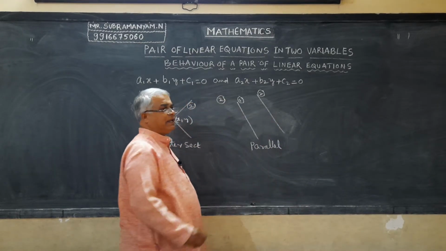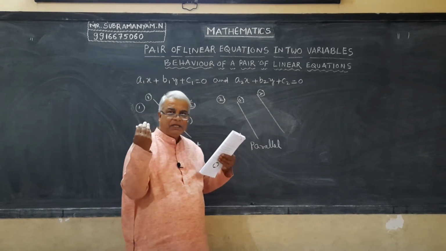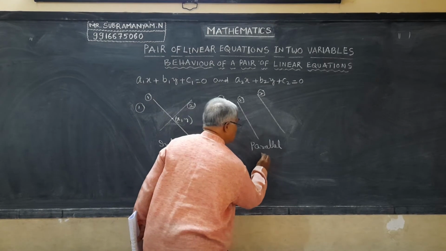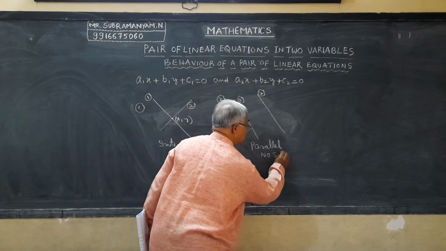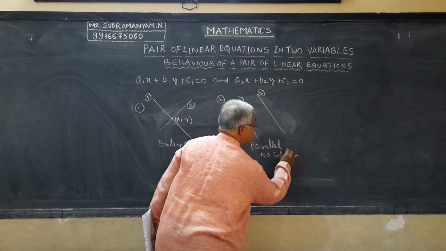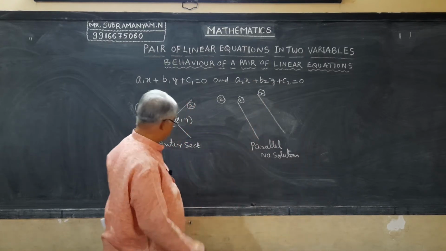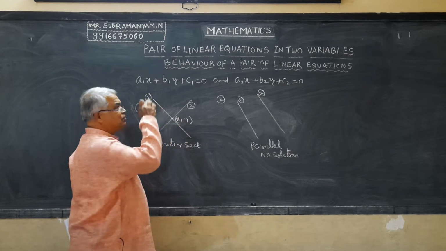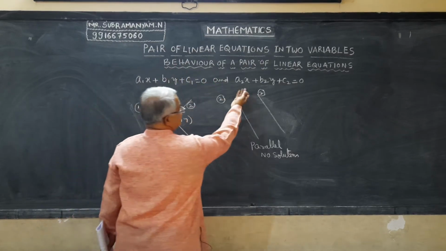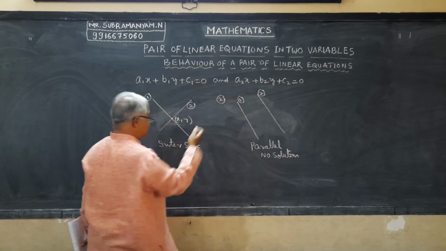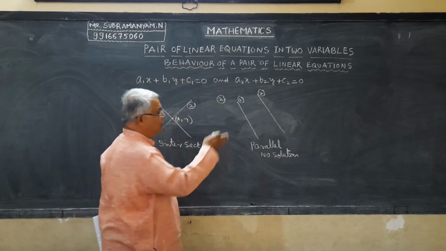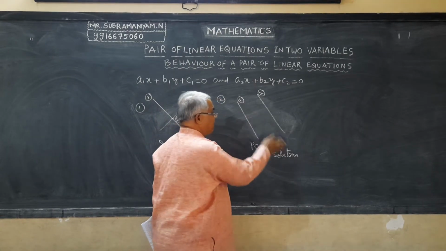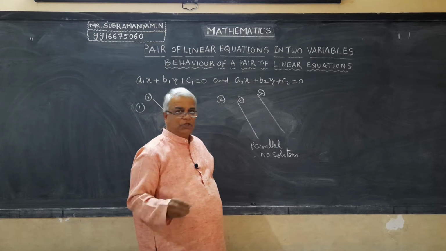If the lines are parallel, we never get any value for x and y. Therefore, we say no solution. We don't have a solution. Here is the solution. What is the solution? x is one value, y is one value. We will have one x value, one y value. Here, no x value, no y value. That means the parallel lines do not have any solution.